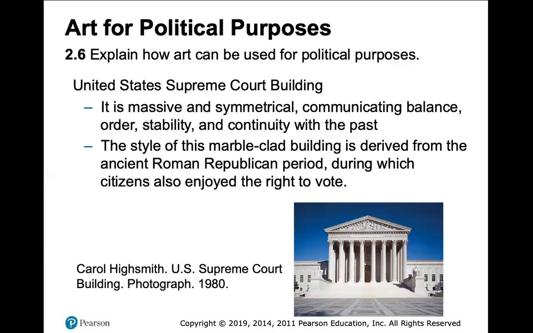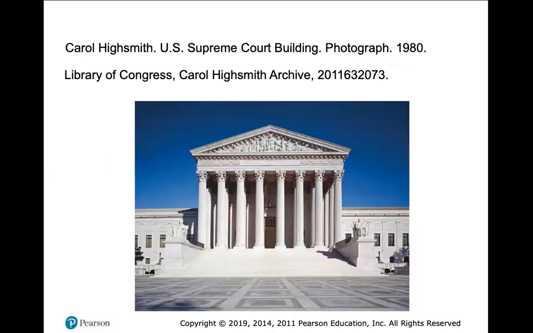We will see and read a little more about ancient Greece and Rome in another chapter as well. Again, the idea is that in the Roman Republican period, citizens also enjoyed the right to vote. And so a lot of the architecture from ancient Greece and Rome influenced that of American government buildings.